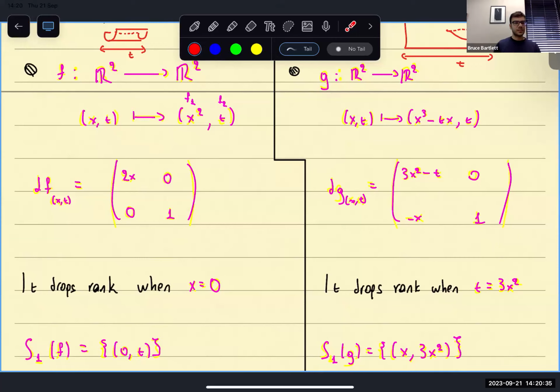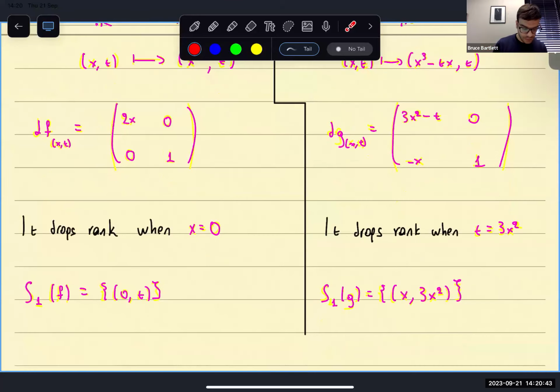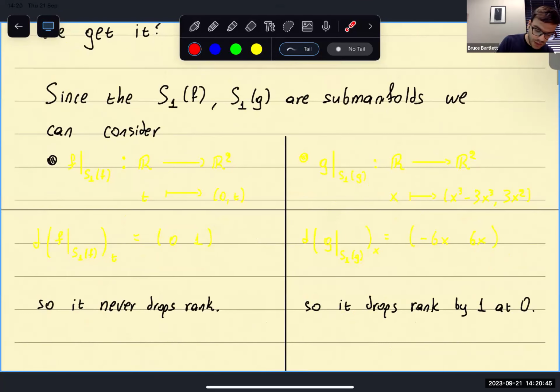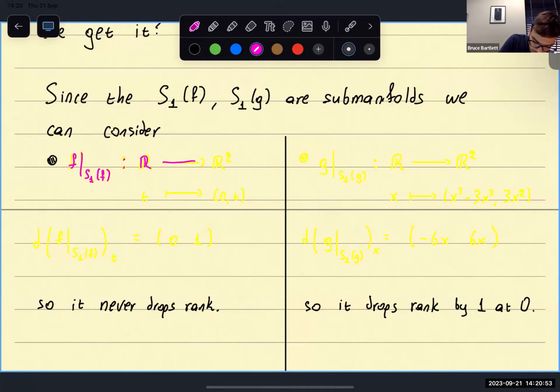So now we get a new function, and we can try and see what the singularities of that will look like. If I look at F restricted to S1F, that will now be a map from R to R2, and it's going to send t just to 0, t.